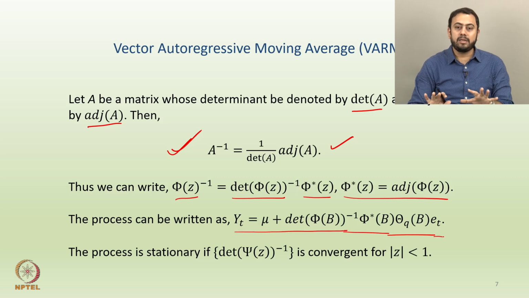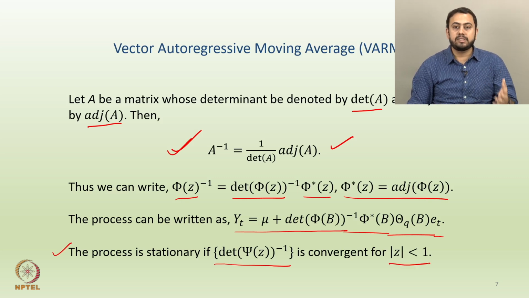Alright. Now the only thing I am doing here is expressing the expression on the last slide in the form of 1 by determinant into its adjoint. And the whole idea is that the process is stationary if this, determinant of phi z inverse, is convergent whenever the absolute value of z is less than 1.